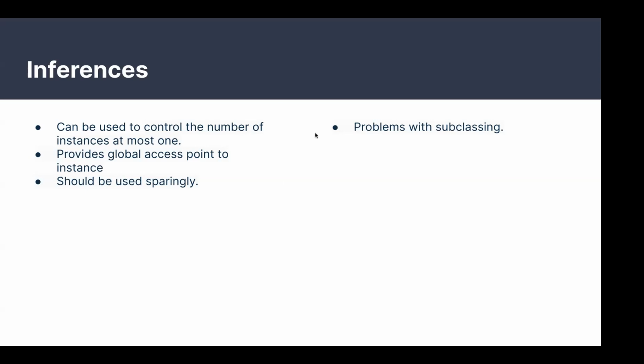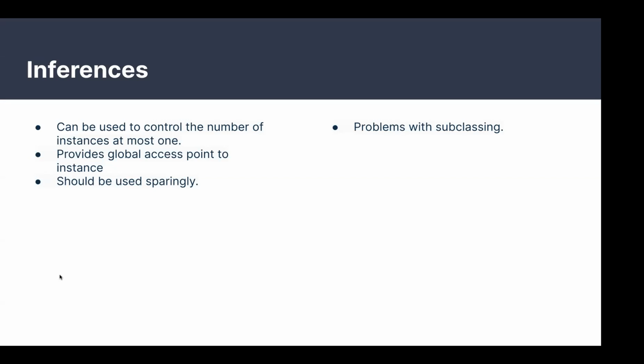And another thing, the last point or pitfall for singleton that we are going to discuss, is that since singleton has a global access point and it's available globally, it can be used at any part of your application. So it can deceive you about the true dependencies of your code.